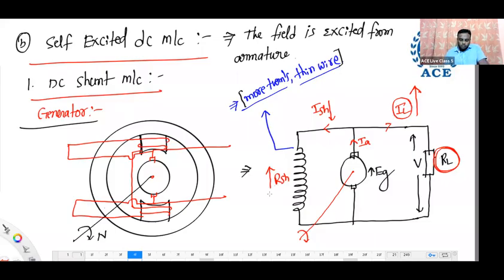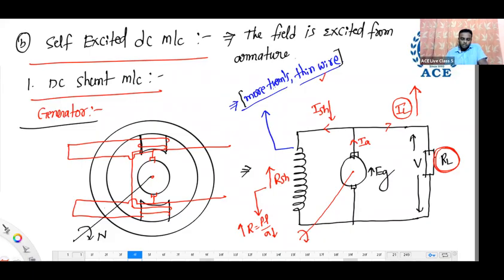As we require high resistance, what should be the thickness of wire? We know resistance R equals rho L by A. If area of cross section is less, your resistance will be high. Less cross section means thin wire. The wire is thin because we need high resistance.